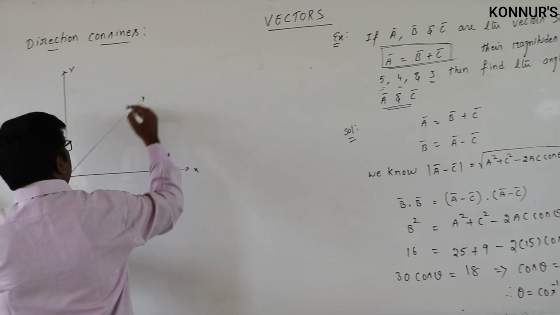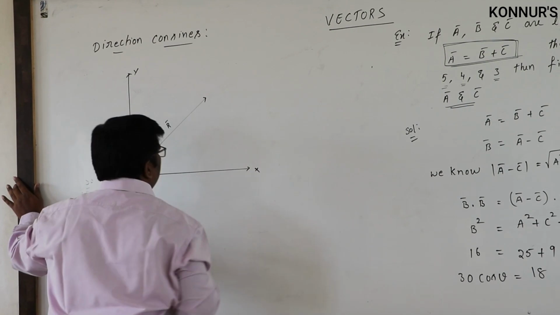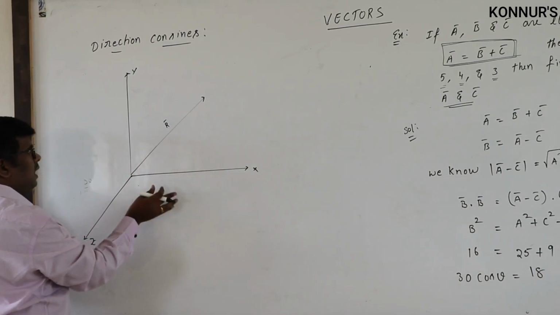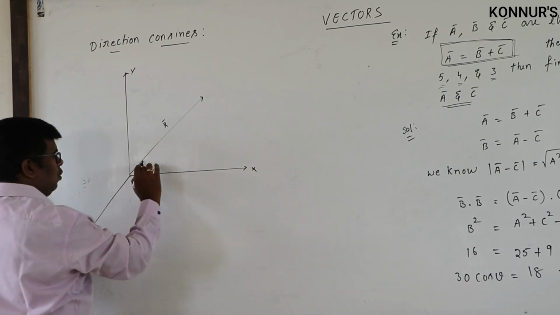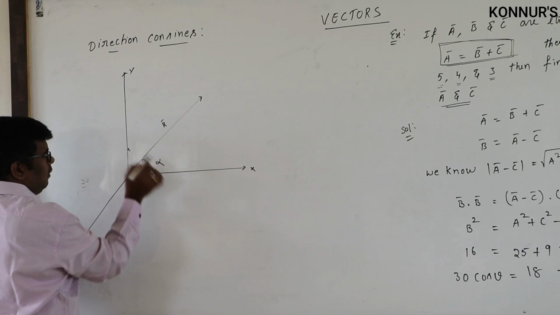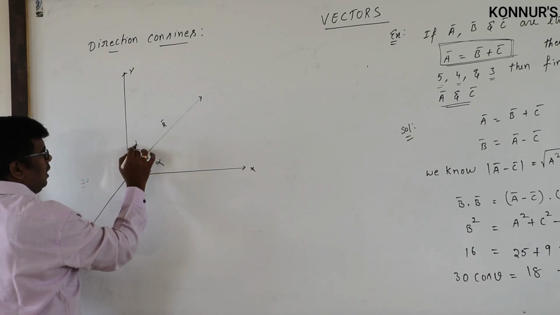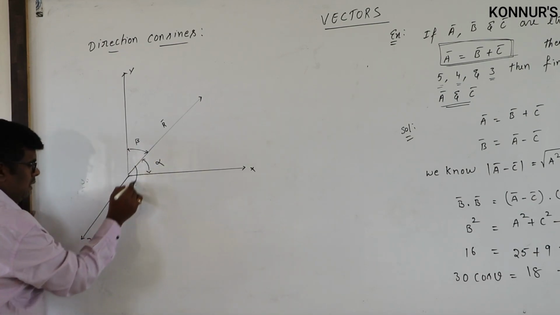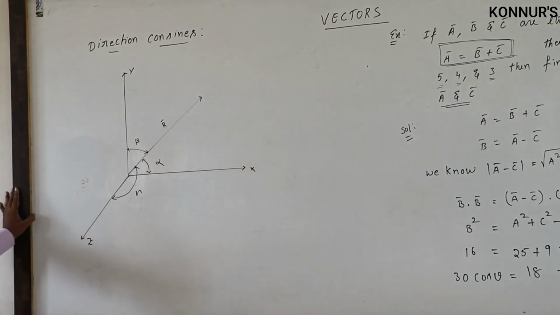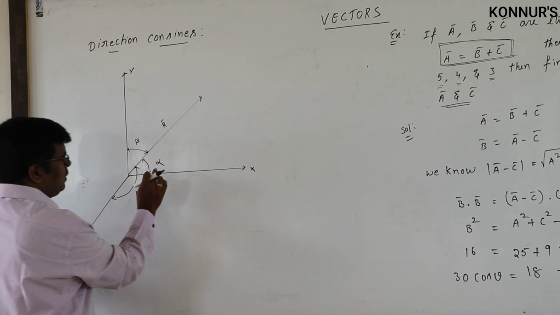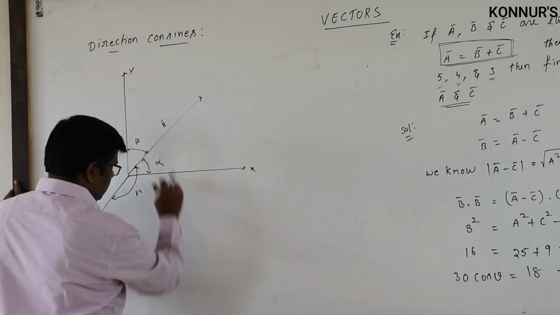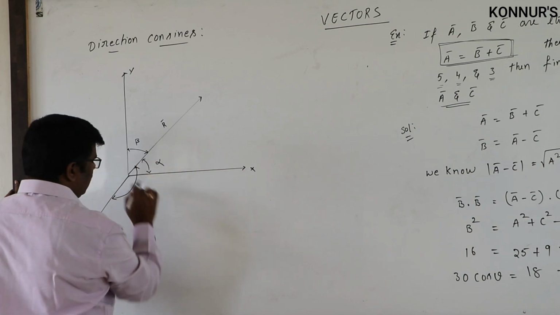It is an r bar vector, and this r bar vector makes angles with the x axis, y axis and z axis. Let those angles be alpha with the x axis, beta with the y axis, gamma with the z axis.